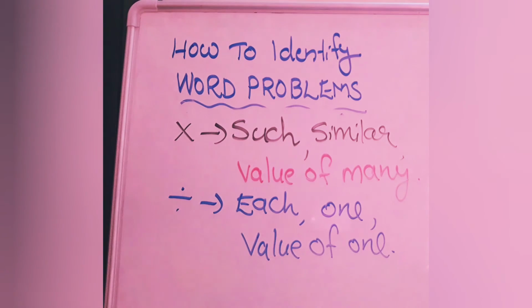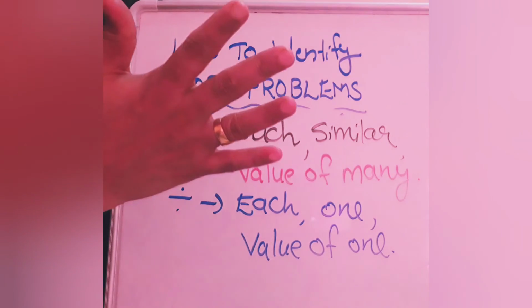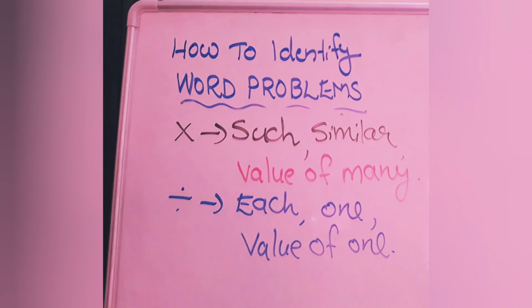The value or information of one particular thing is given, and many or more we have to find out. That means it is multiplication. I told you the cost of one shirt is 100 rupees. What is the cost of 5 shirts? Here such I have not given. The cost of one shirt is 100 rupees. What is the cost of 5 shirts? So we are finding the value of many, 5 shirts. You have to do multiplication.